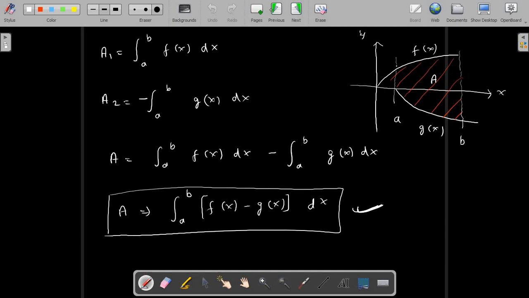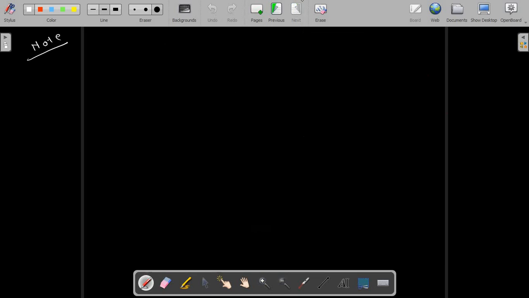How will you decide which function has to be bigger and which has to be lower? There are methods. If f(x) is greater than g(x), then the area will be written as the integral from a to b of f(x) minus g(x) dx.